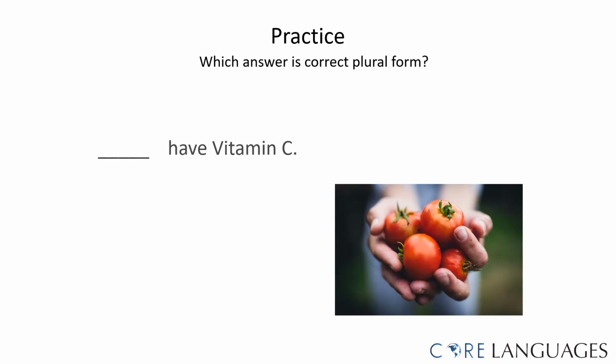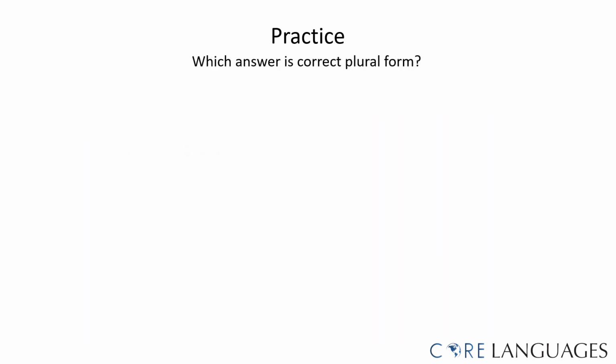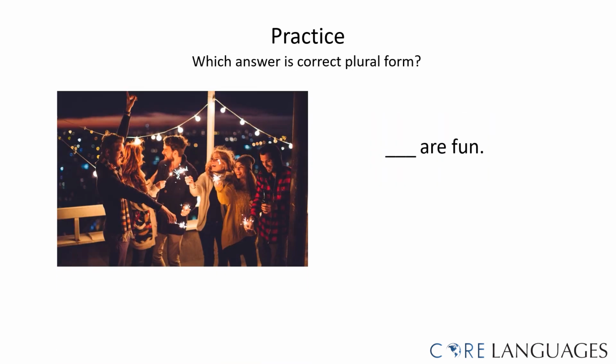How about this sentence? Tomatoes or tomatos have vitamin C. Excellent. Tomatoes have vitamin C. And how about this example? Parties are fun.